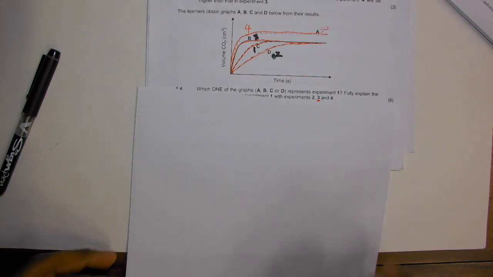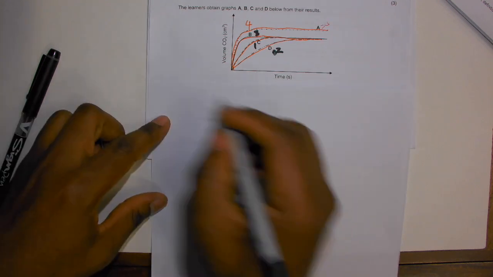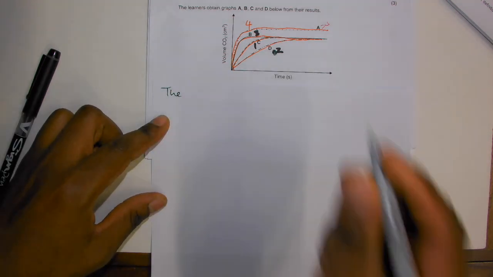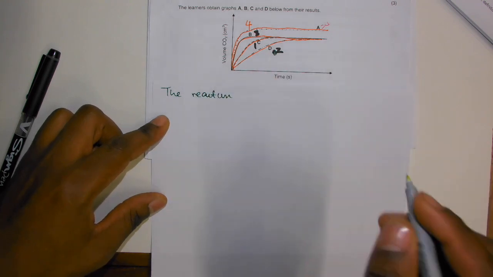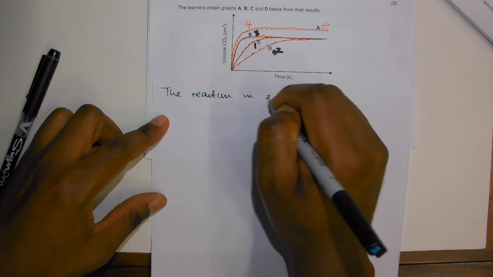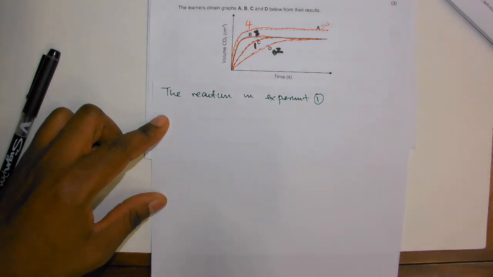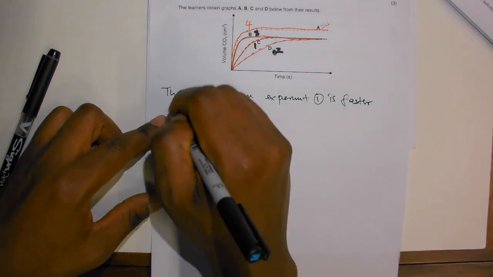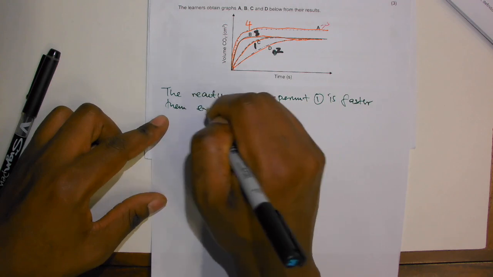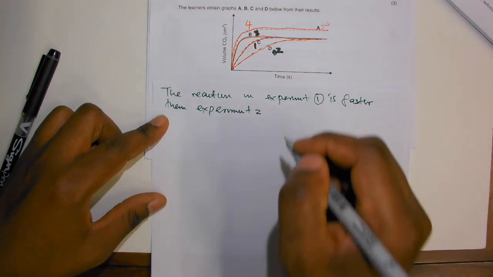So we say now the reaction rate in experiment 1 is faster than experiment 2. Why?